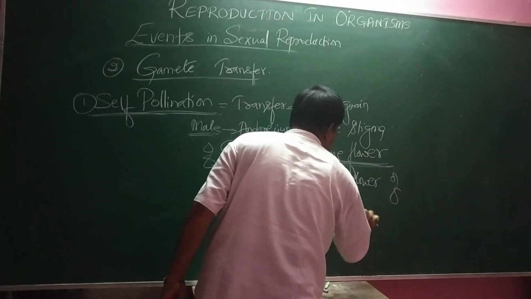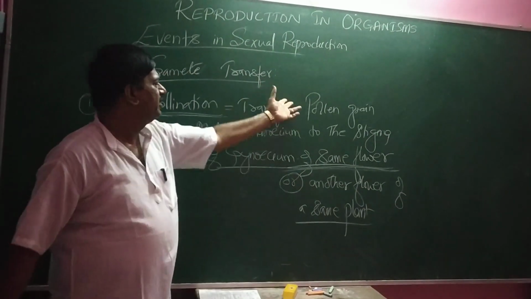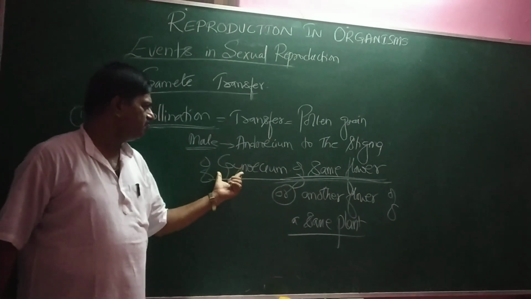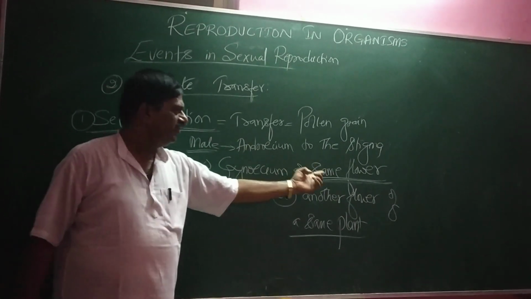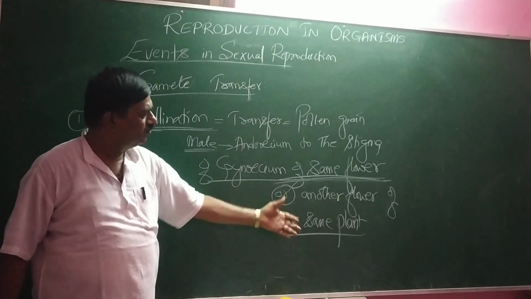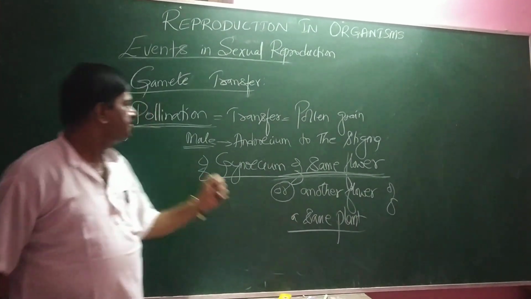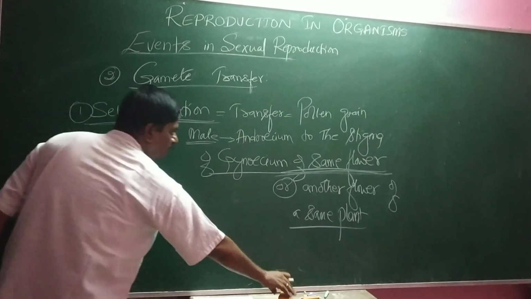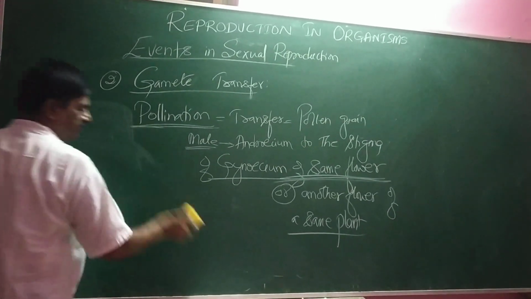I'll repeat this. Transfer of pollen grain to the stigma of a gynoecium of the same flower, or it can be transferred to another flower of the same plant, is called self-pollination.